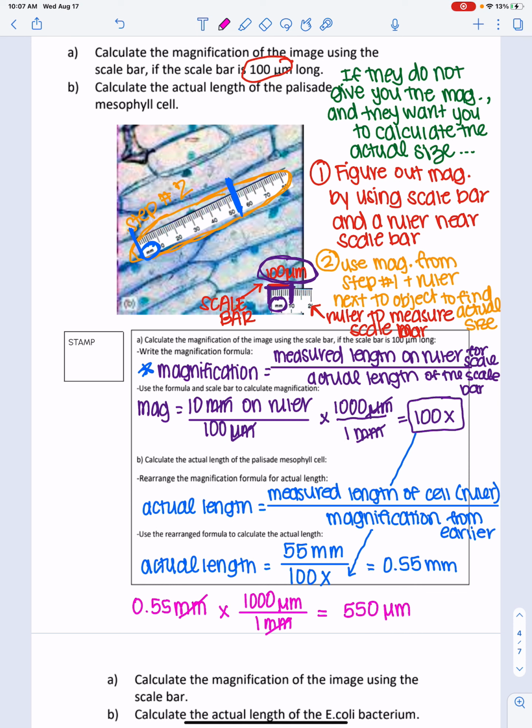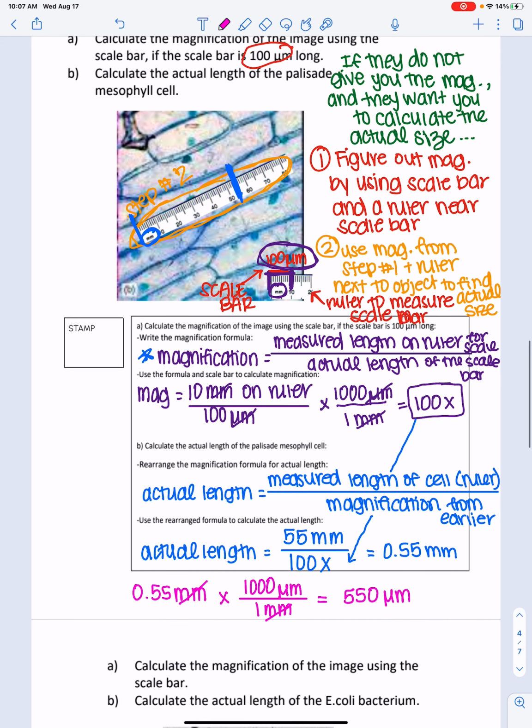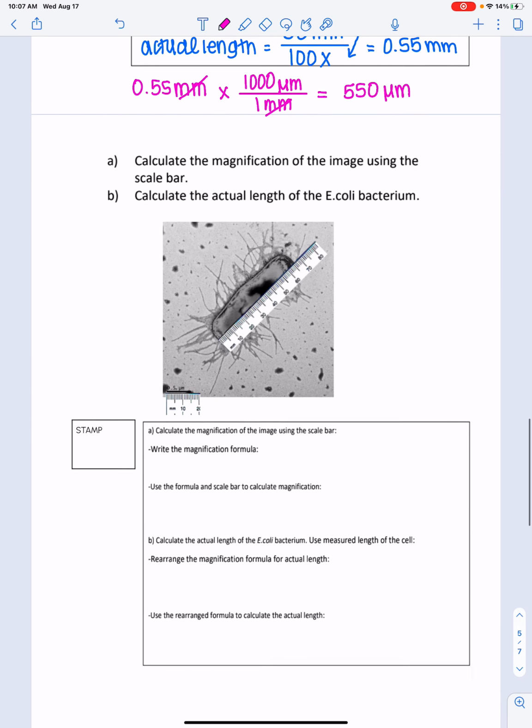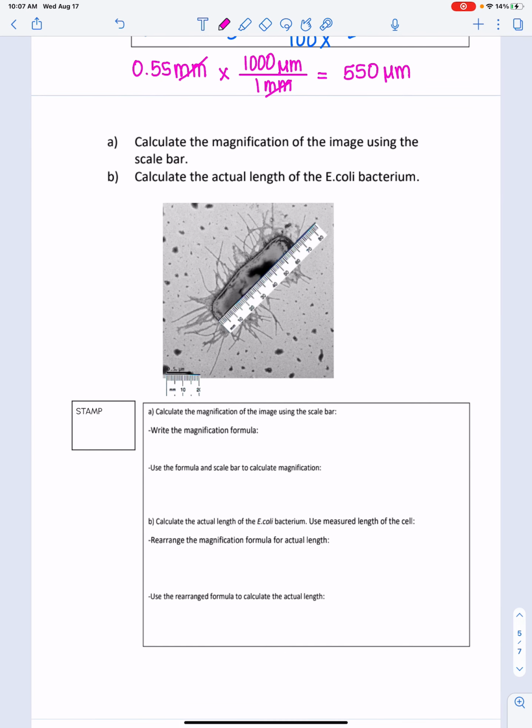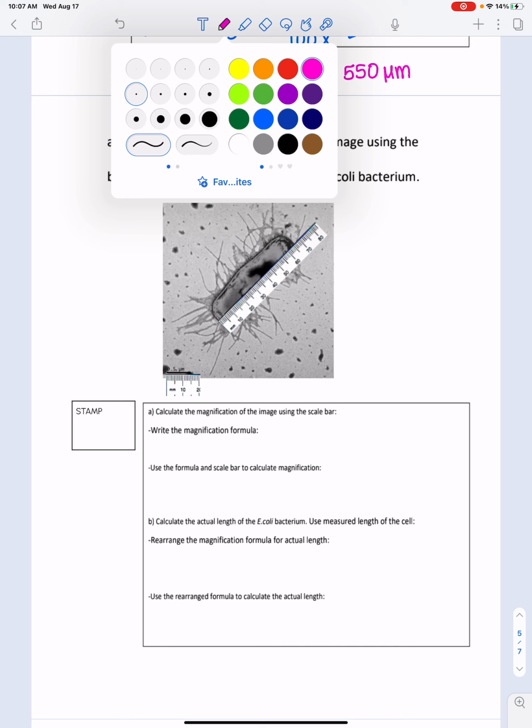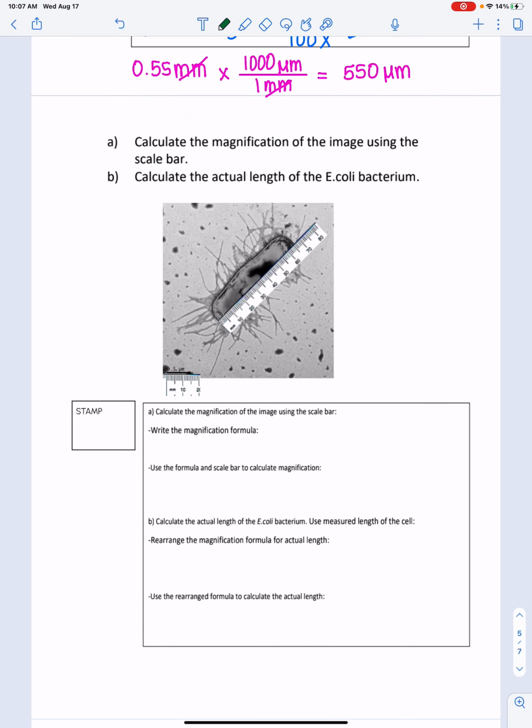So again, we found our magnification using the scale bar and the ruler right next to the scale bar. And then we are going to use that magnification in the formula again to measure the cell and figure out the actual length of the cell. So I'm going to let you guys do this one. I'm going to make sure you're off to a good start though. If we look here, this is our scale bar right there. You may not be able to see it, but it says 0.5 micrometers.